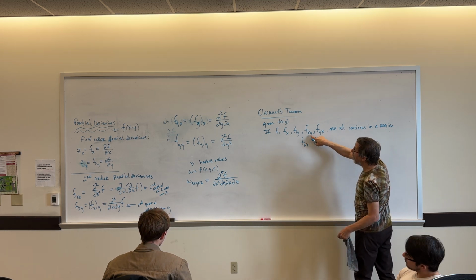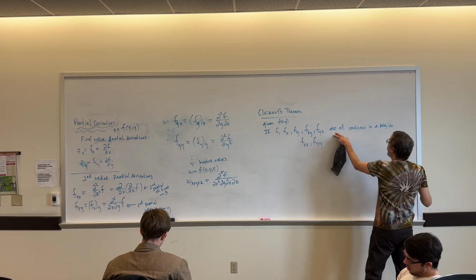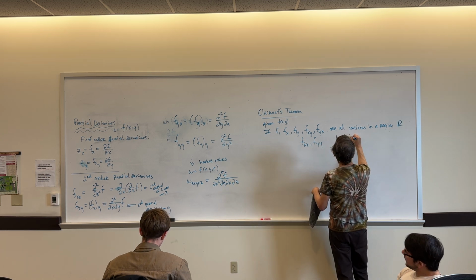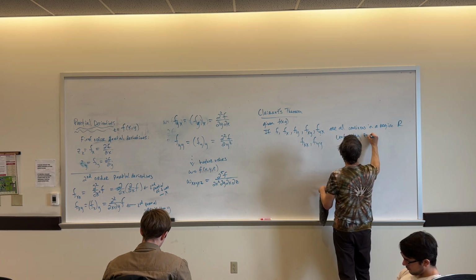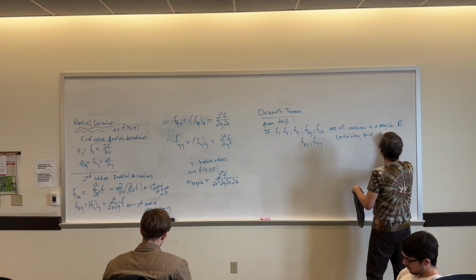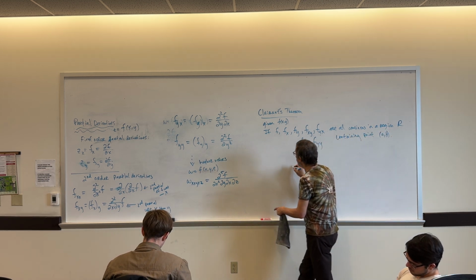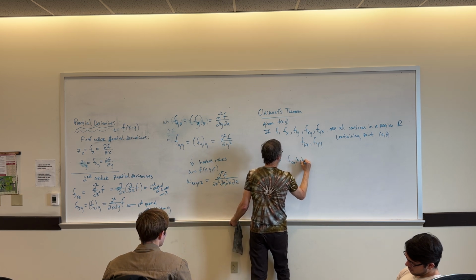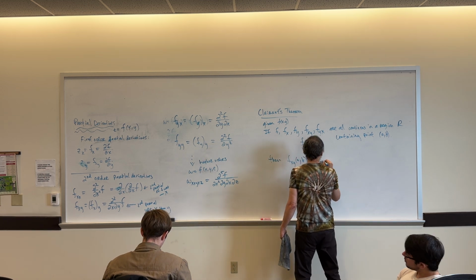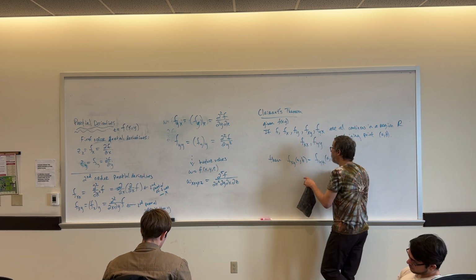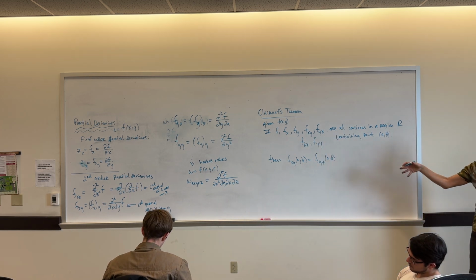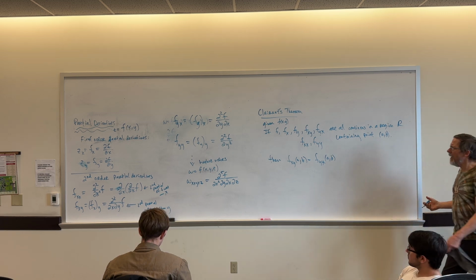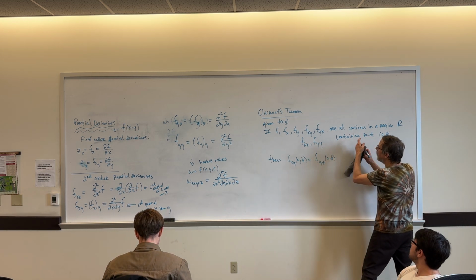These are called mixed partials, these are pure partials. If they are continuous in a region containing point (a, b), then f_xy of (a, b) is equal to f_yx of (a, b). You gotta really try hard to make these things messed up.